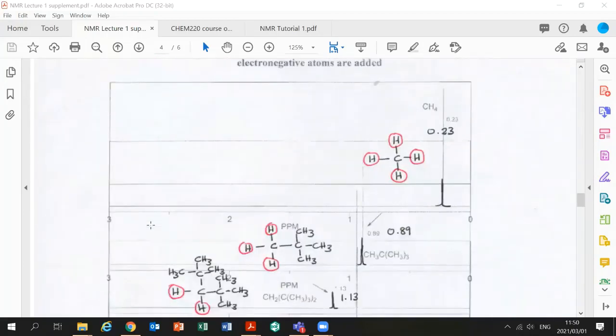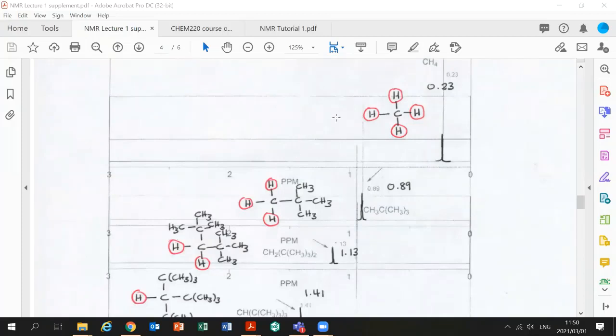So this last slide that I have here just shows you the effect of what I just said. You notice there's my 4 protons here, and I'm looking at the resonance of these 4 protons around that carbon. That's the methane molecule. All these 4 hydrogens are the same.